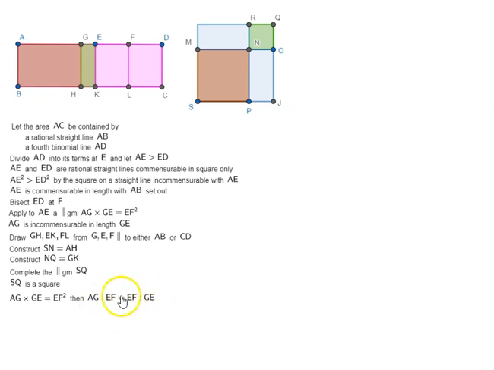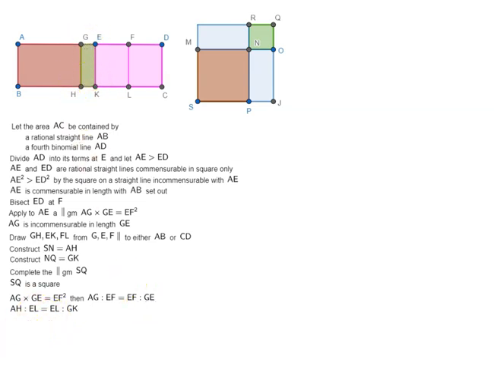That means EF is the mean proportional between AG and GE, which means the figures on them will also be in the same proportion: AH, the figure on AG, EL, the figure on EF, and GK, the figure on GE.